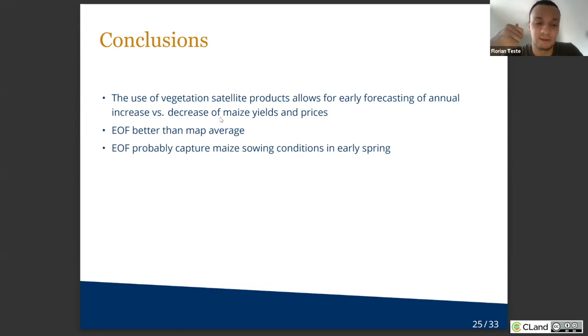We have also seen that our model using the EOF gives better results than using only the leaf area index, and that the early season data, April and March, probably highlights the sowing conditions.